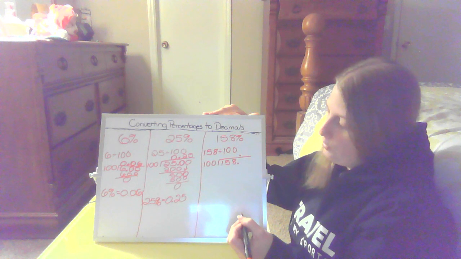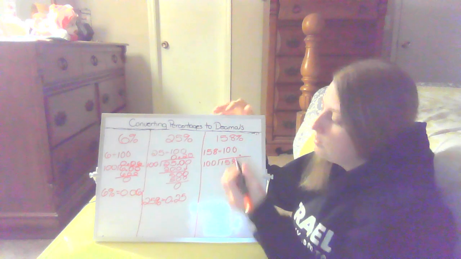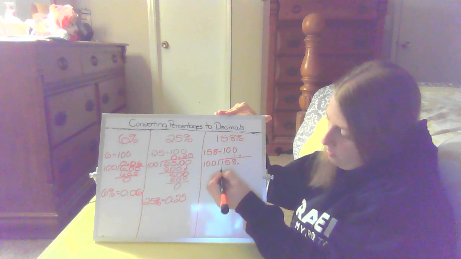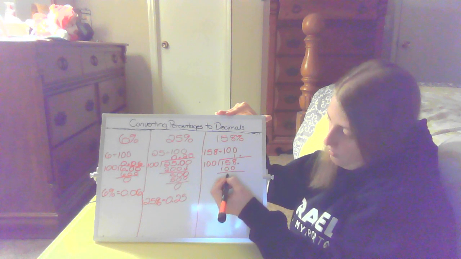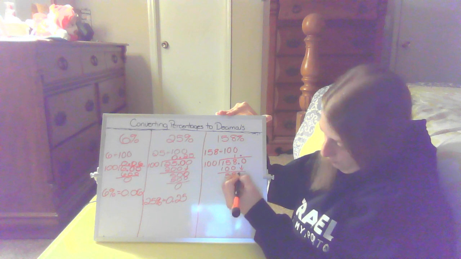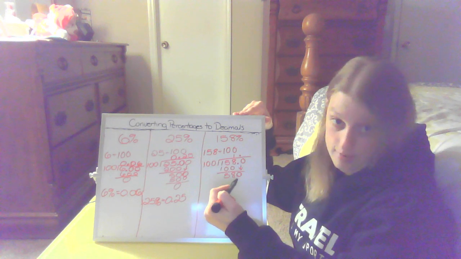And we know that 100 can go into 158 1 time. So we are going to put a 1 there. And 1 times 100 is going to give us 100. And 158 minus 100 is going to give us 58. We're going to add our 0 behind our decimal and bring it down. And we know that 100 can go into 580 5 times.